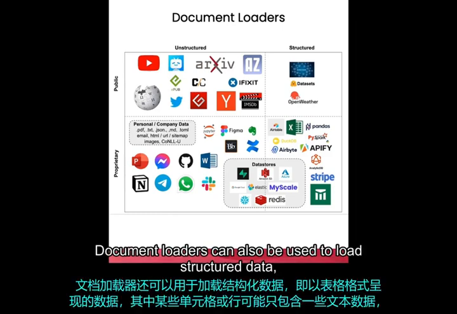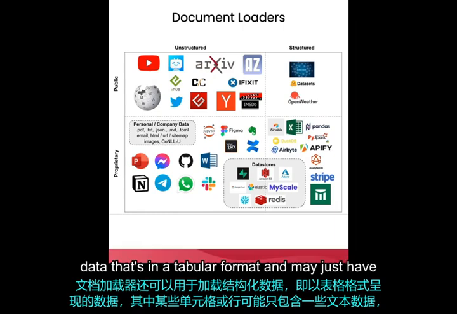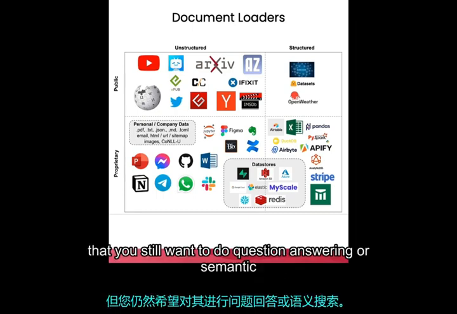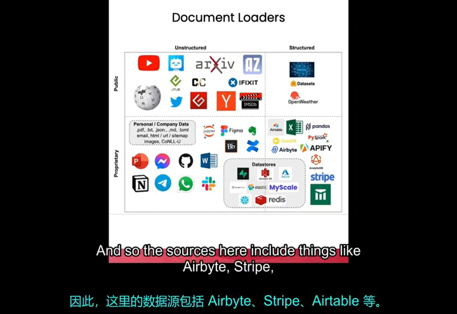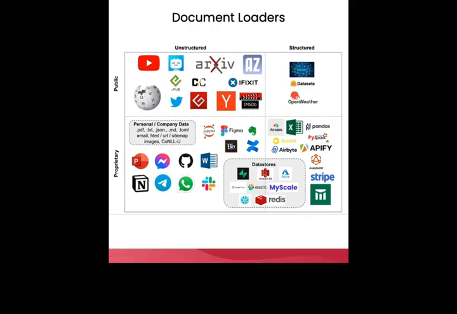Document loaders can also be used to load structured data, data that's in a tabular format and may just have some text data in one of those cells or rows that you still want to do question answering or semantic search over. And so the sources here include things like Airbyte, Stripe, Airtable.